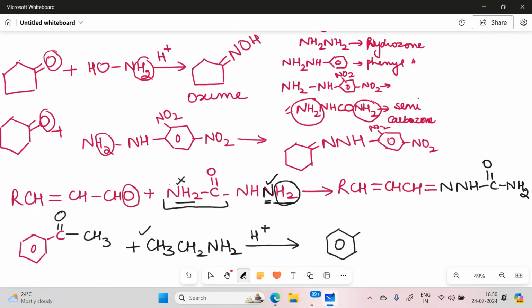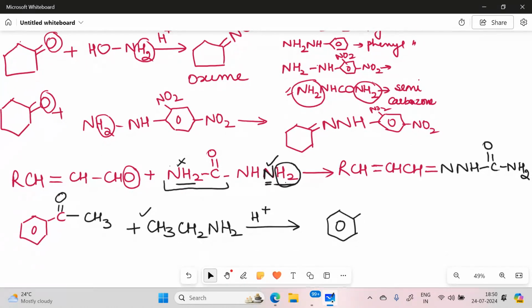Which compound is this? Primary amine. Remove water and combine the remaining part.